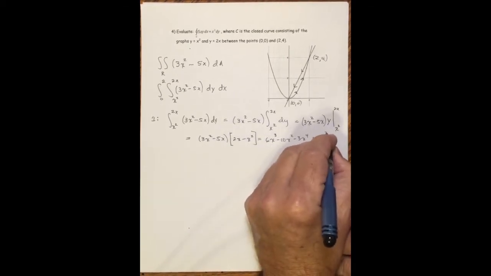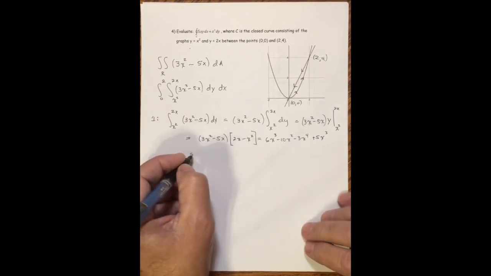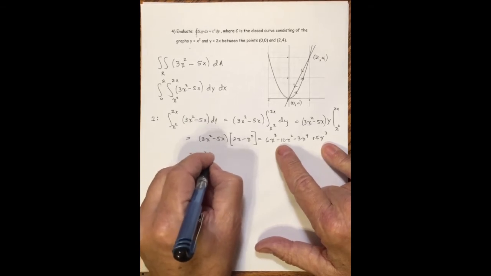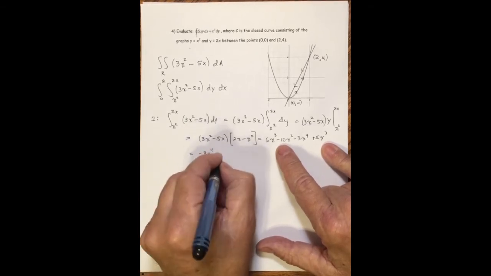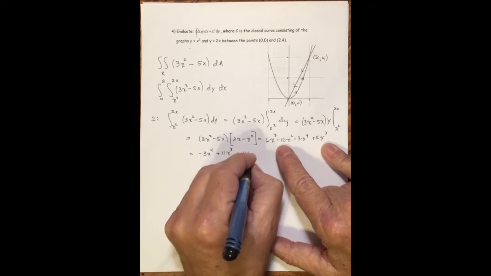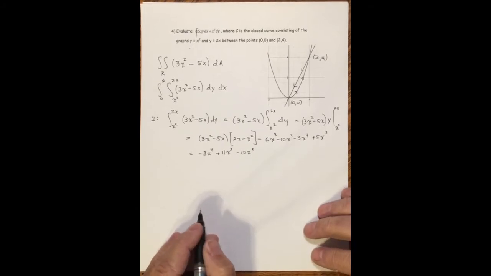Plus 5x cubed. So that gives me what? That gives me a minus 3x to the fourth plus 11x cubed minus 10x squared, written in descending powers of the variable.